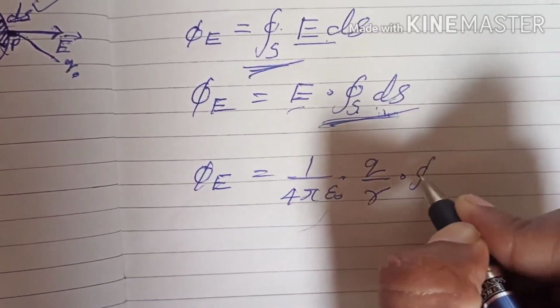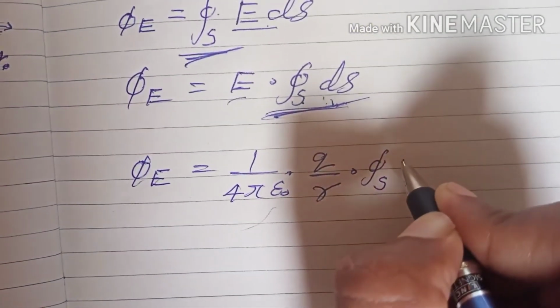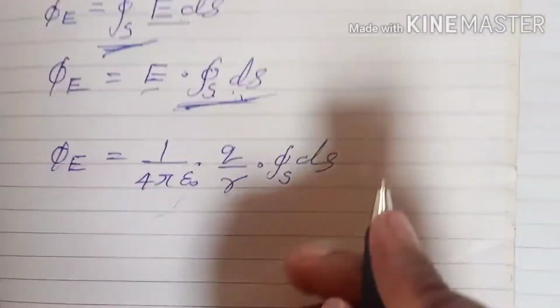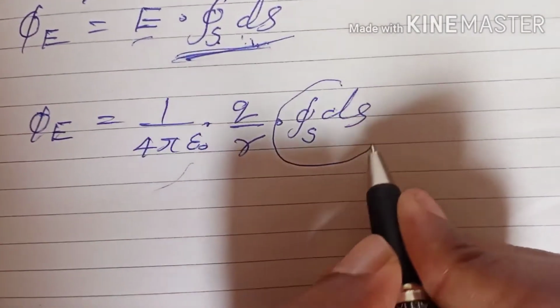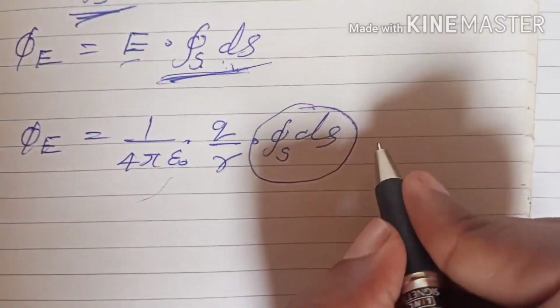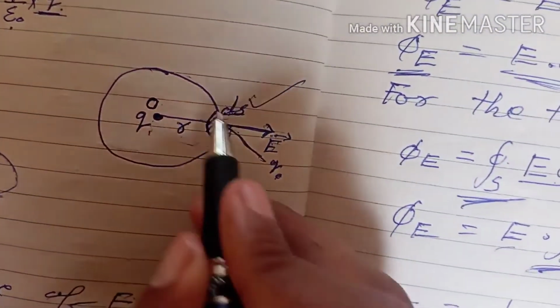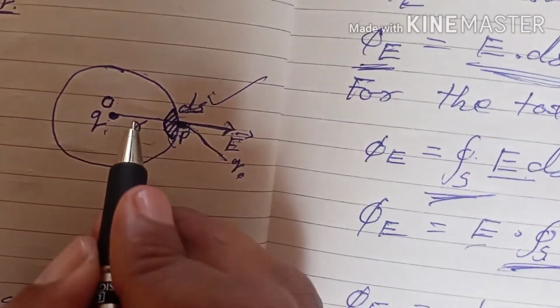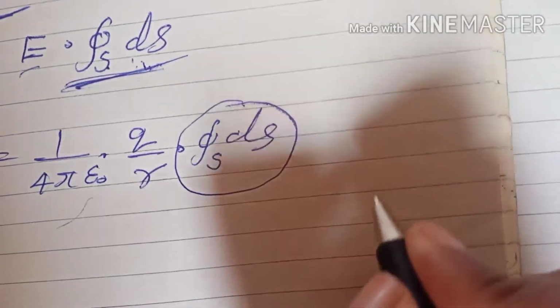Times closed integral of ds. Now what is the value of this? This is the total surface area of this spherical surface. What is the total surface area of a spherical surface? You know, that is 4 pi r square.